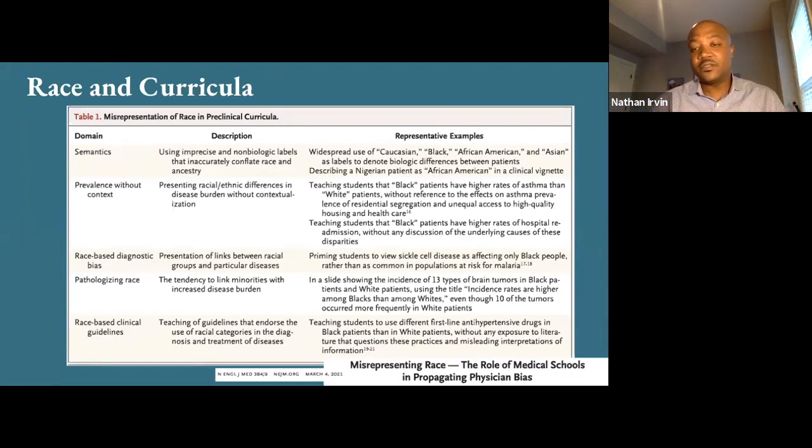In terms of the semantics of Black or Caucasian or Asian being used to infer certain things, or giving a prevalence of a condition and saying, you know, Blacks are more likely to have asthma in this community, but not contextualizing all the other factors that actually drive those disparities. There are all these egregious things that have been found to be occurring within the medical education system.